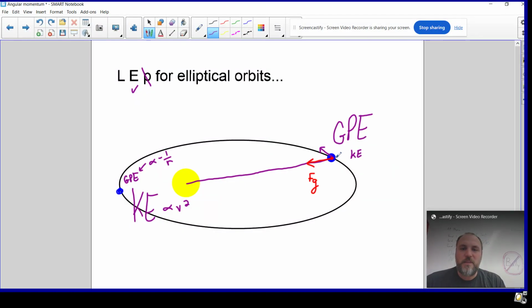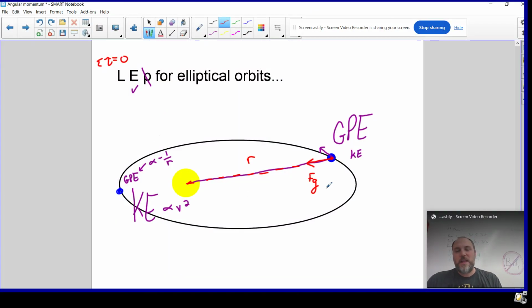So I'm going to look at angular momentum here. And the one thing that I notice is that, yeah, there is a net force on this object. However, that net force is directly in line with what we would call r, the distance to the pivot, the distance to what you're rotating around. And since the force of gravity is in line with r, it has no component perpendicular to r, which means the sum of the torques is zero.